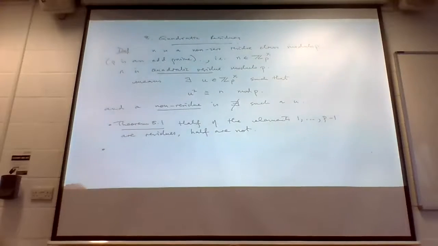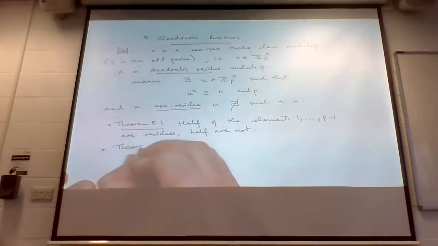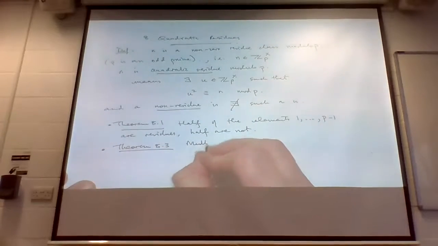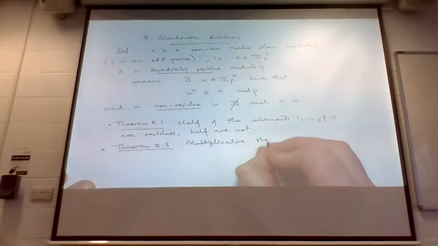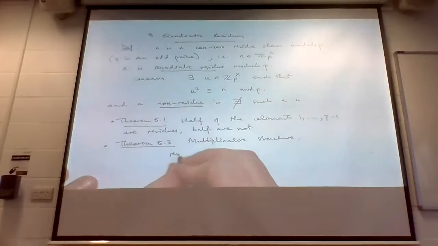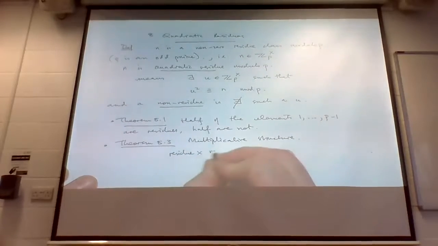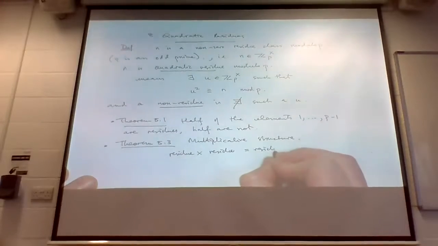And we also proved something which will become theorem 8.3. We haven't worked our way towards stating that, but we looked at the multiplicative structure. We showed that if you take two residues and multiply them, you get a residue.